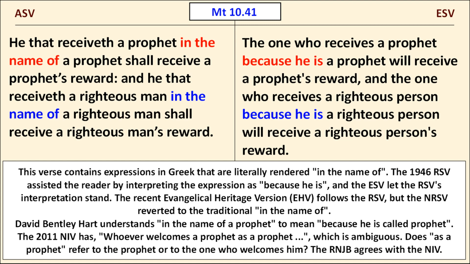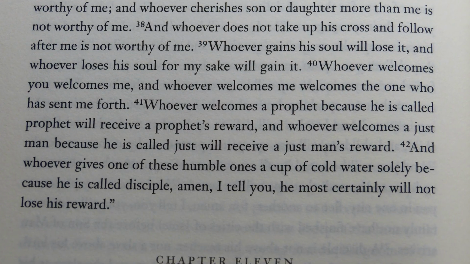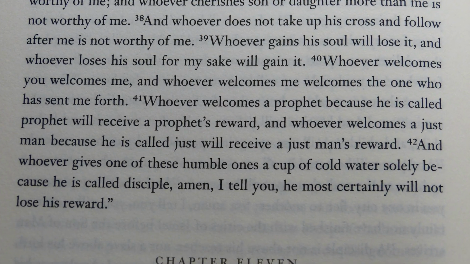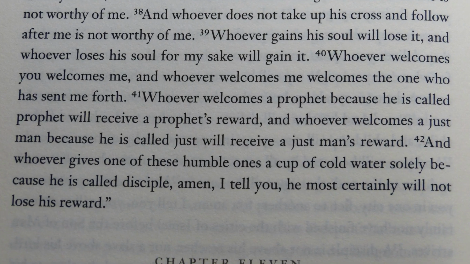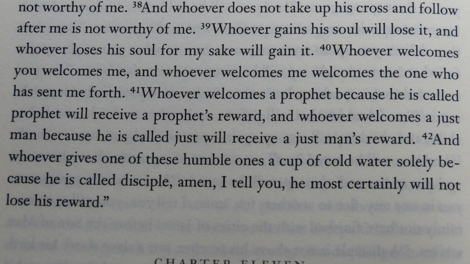In this regard, some newer translations follow the Revised Standard Version, including the recent Evangelical Heritage Version, or EHV. But the new Revised Standard Version reverted to the traditional in the name of. David Bentley Hart understood in the name of a prophet to mean because he is called prophet.